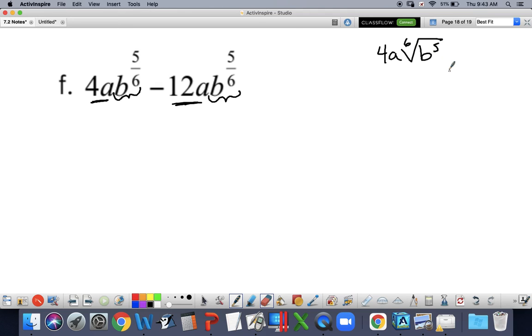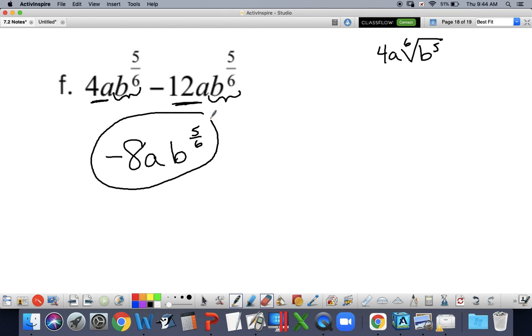If it helps you to keep that straight, go right ahead and write it that way. But since we started with the exponential question, we're going to end with an exponential question. So I simply have to subtract my outsides. 4a minus 12a is -8a, and then I keep the radical exactly as is.